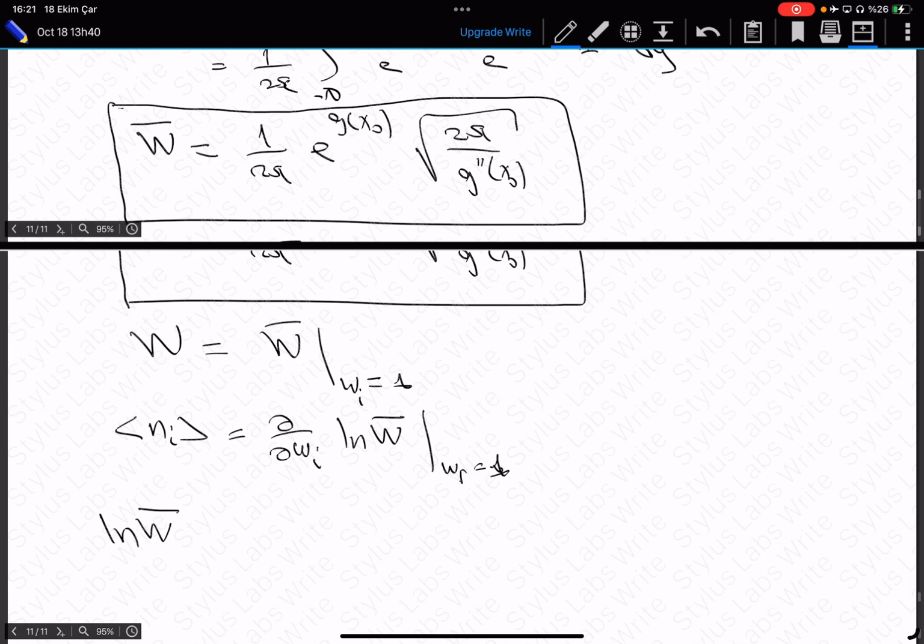Now, the logarithm of omega bar will be g x0 minus 1 over 2 logarithm of the second derivative of g x0 plus some constants. Now, since I'm interested in the derivatives, I don't really care about those constants. This g x0 is the first term. This logarithm, the second derivative is 1 over the square root.